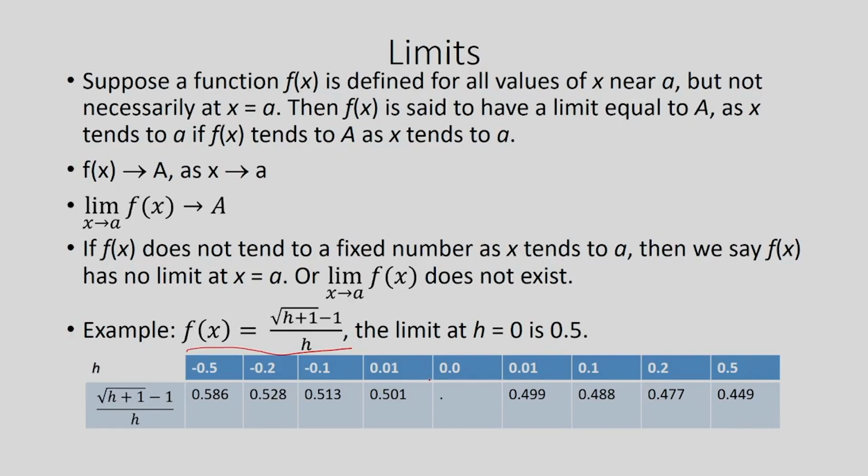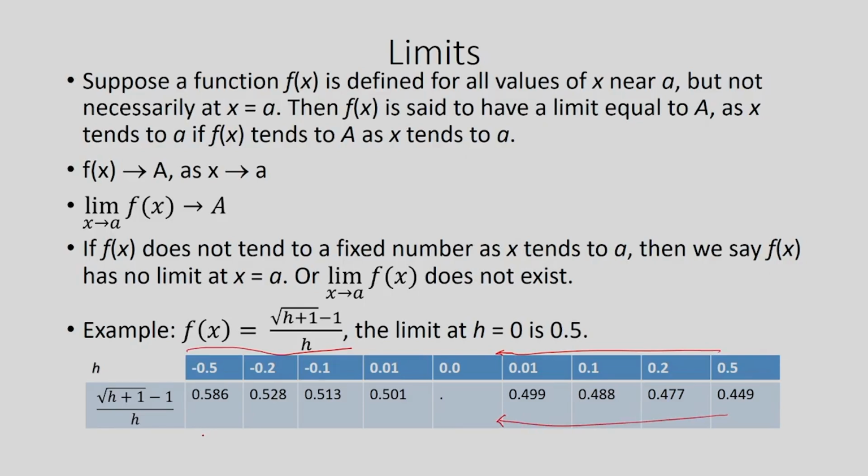At h equal to 0, the value of this function becomes undefined. Something divided by 0 cannot be defined. But as you can see, as we are taking h very close to 0, 0.01, 0.1, 0.2, etc., the value of the function approaches 0.5.